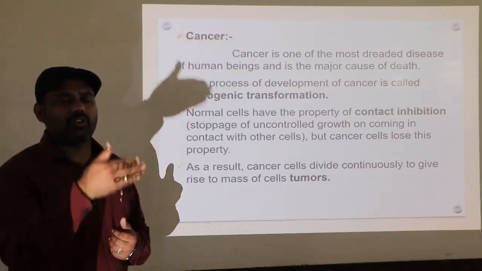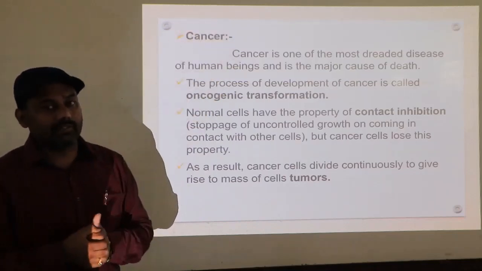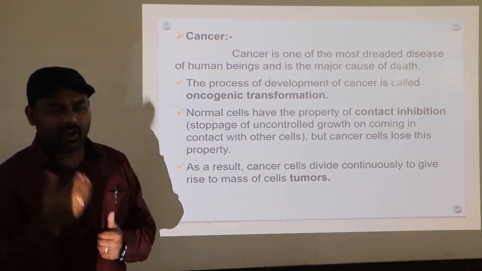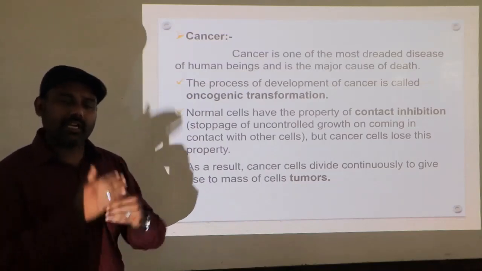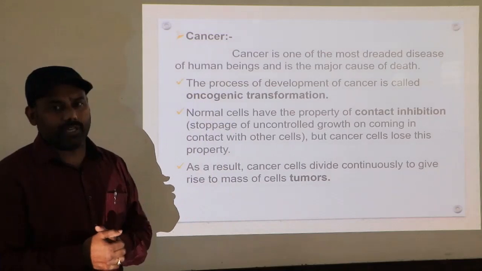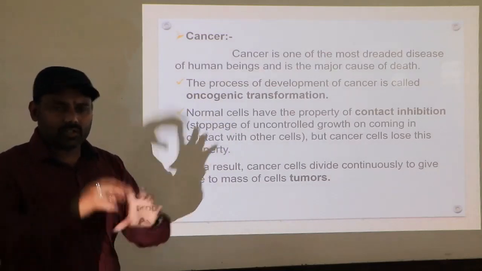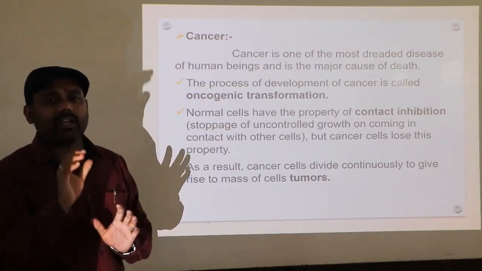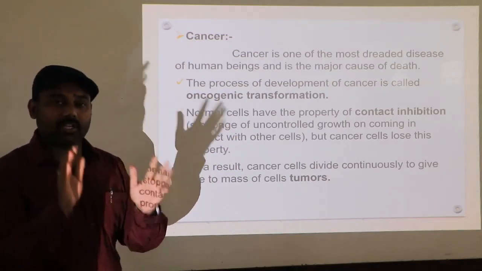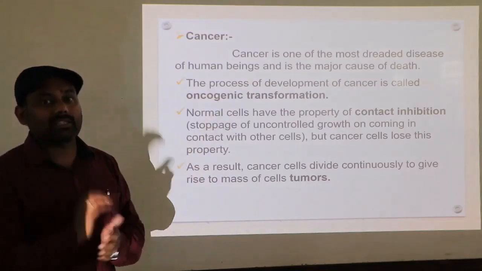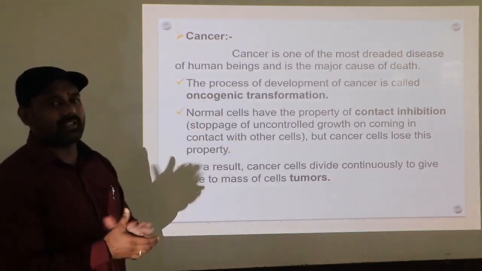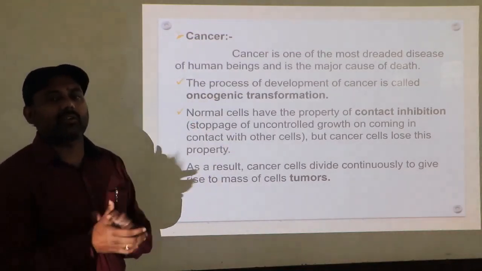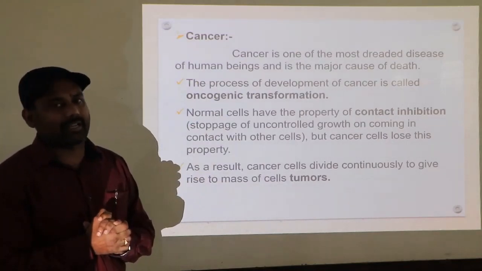After that, the daughter cells enter into G1 phase, after that S phase, after that G2 phase, and again enter into the M phase, that is mitosis, isn't it? So that is a sequential or regulatory mechanism present only in normal cells. But in case of cancer cells, there is no such regulation or sequential mechanism.